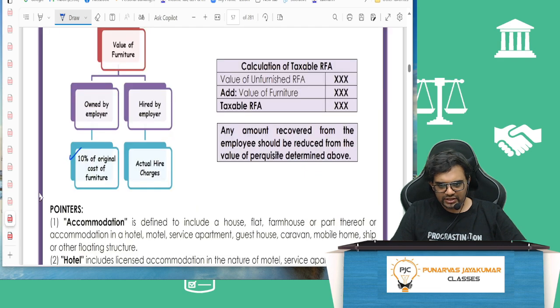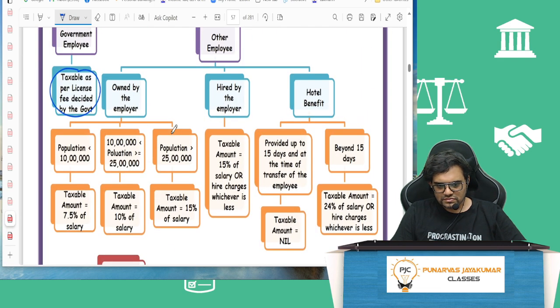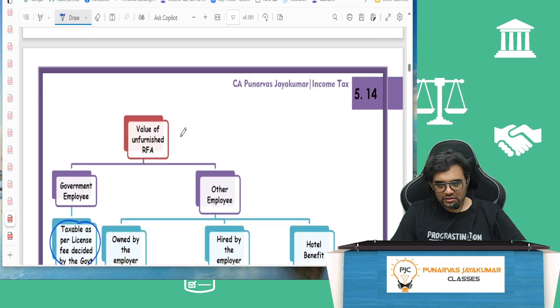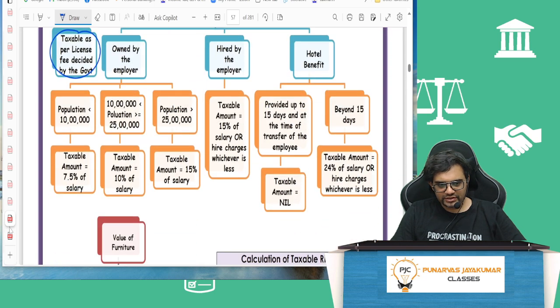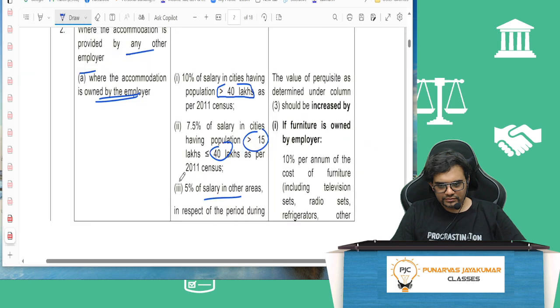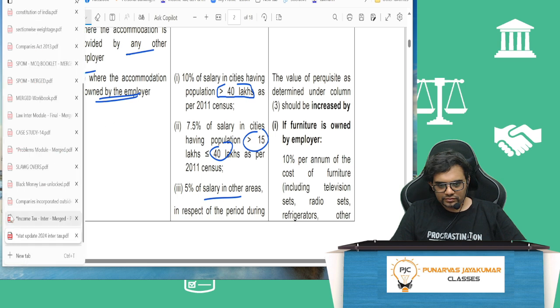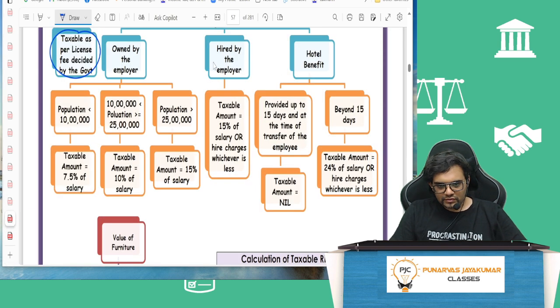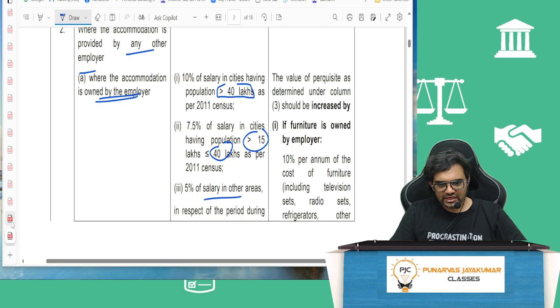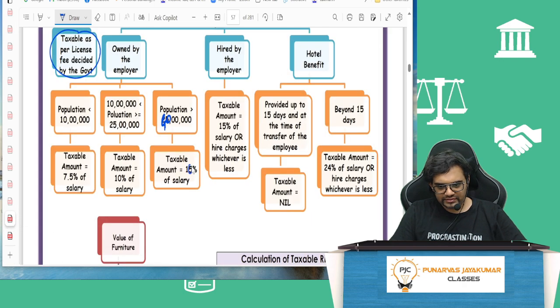So come to this particular page number 5.14 and make the change here. Greater than 40 lakhs. Then here the amount of taxable salary will be 10% of salary.